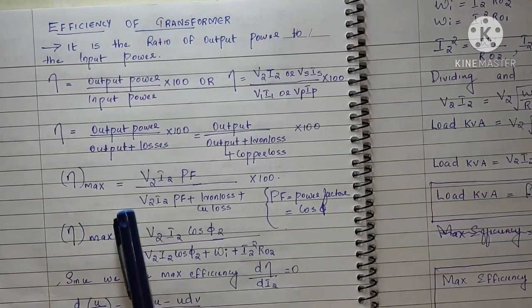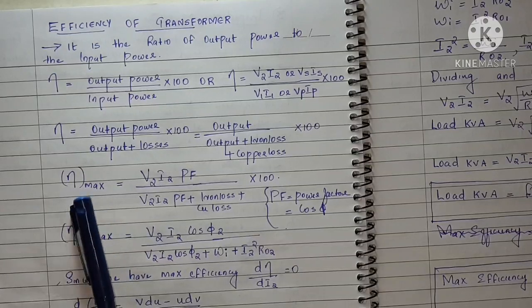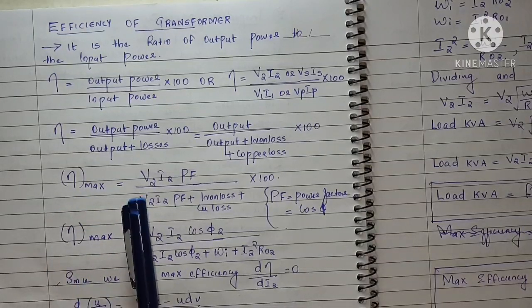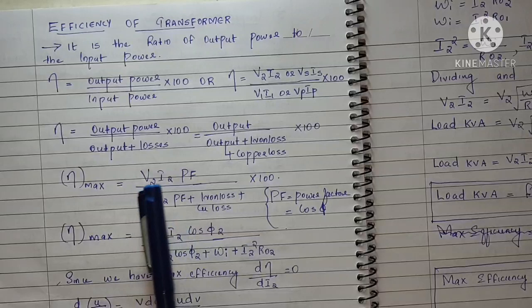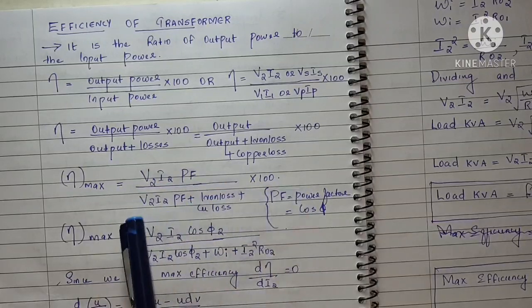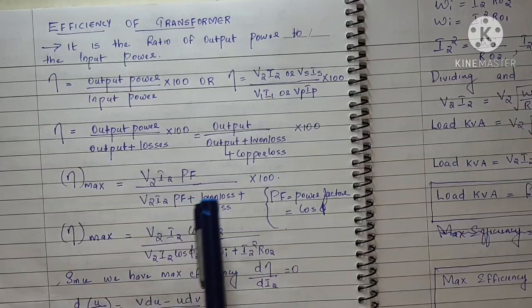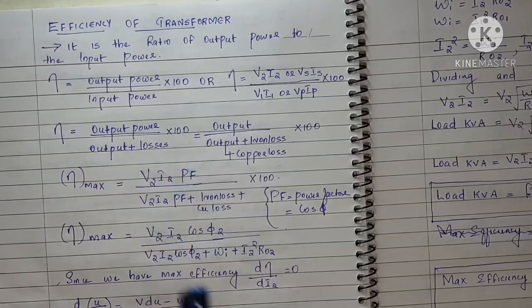Let's derive the equation for maximum efficiency. η max = V2 I2 power factor divided by V2 I2 power factor plus, considering the output side, that is V2 I2, plus iron loss plus copper loss into 100. Power factor is nothing but cos φ.